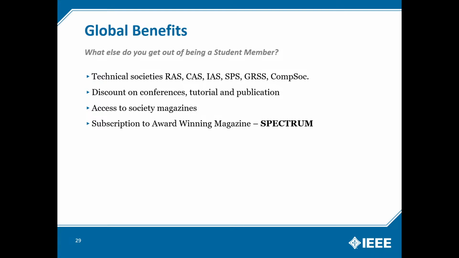As far as society magazines go, certain societies have offline magazines that do get mailed to you via courier, or you can get magazines via your mail. Then obviously we have Spectrum, that is IEEE's magazine.